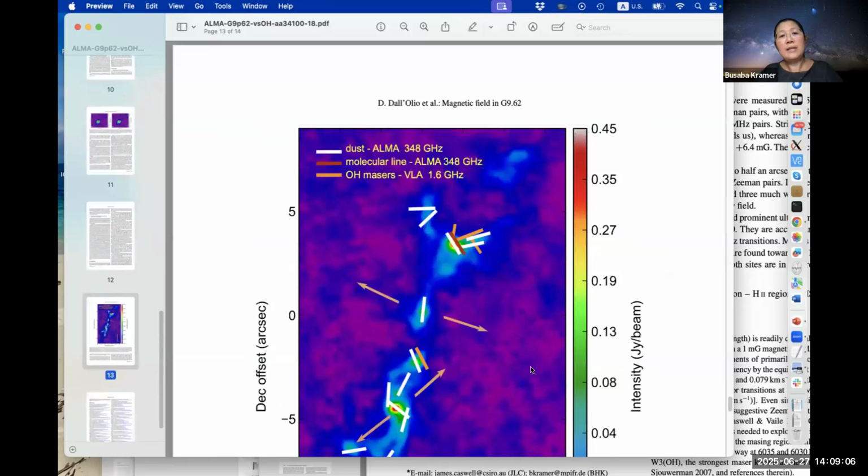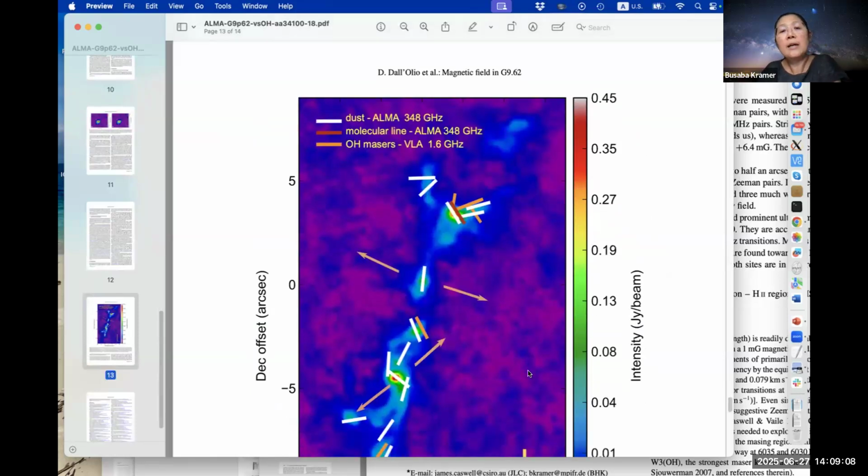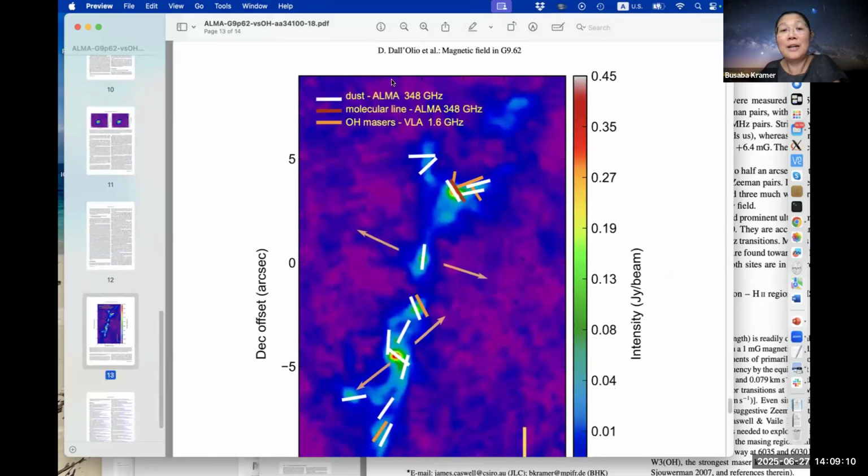And importantly, this is the dust polarization from ALMA observation and OH maser. You see, if people say that OH maser ground states suffer from Faraday rotation, you cannot trust the polarization position angle.